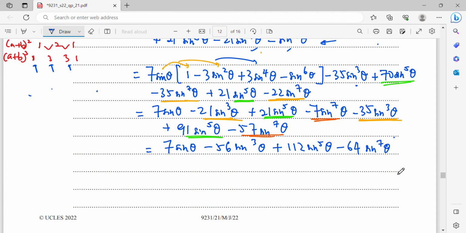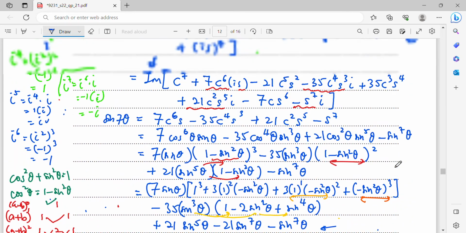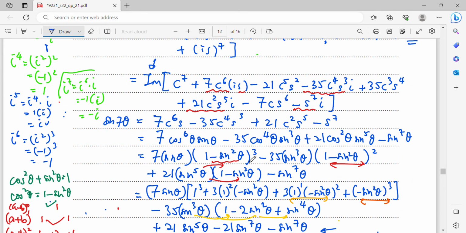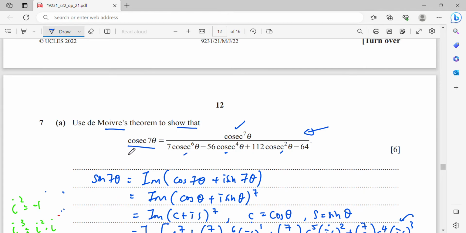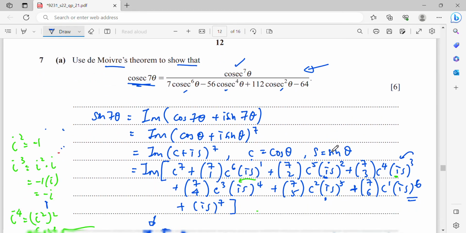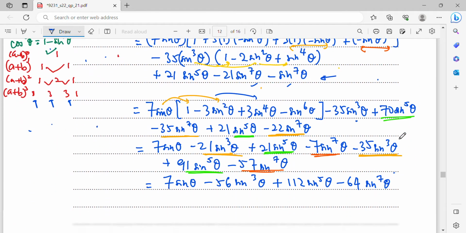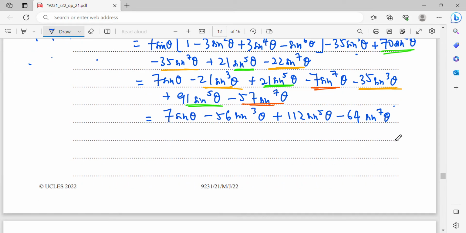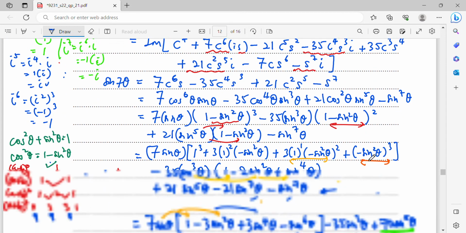Okay, so now don't forget that we are still finding sine 7 theta, but the question is asking for cosec. So now for cosec, it will be 1 over sine. Sorry, this is sine 7 theta, not power 7.